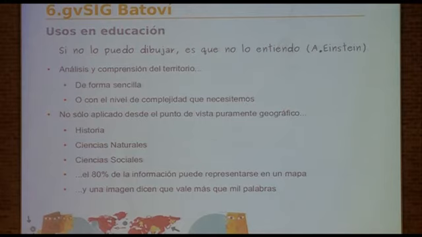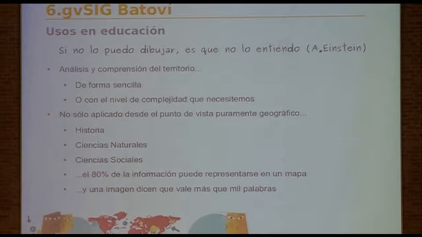gvSIG Batovi is not only for educational purposes, but it can be used for social purposes, financial purposes. It can be used in social work. It can be adapted to different needs.